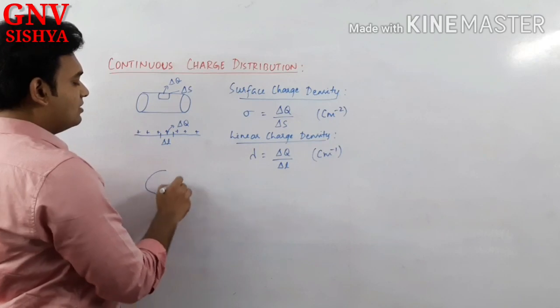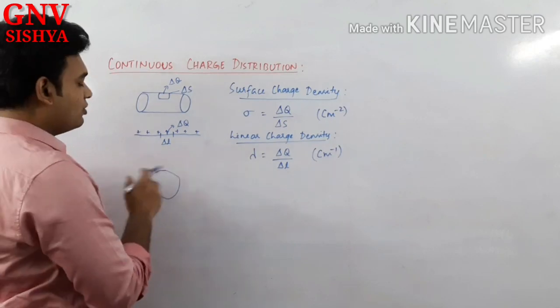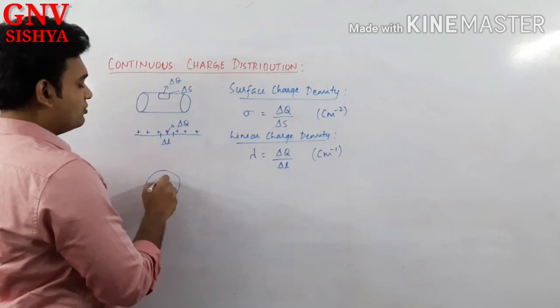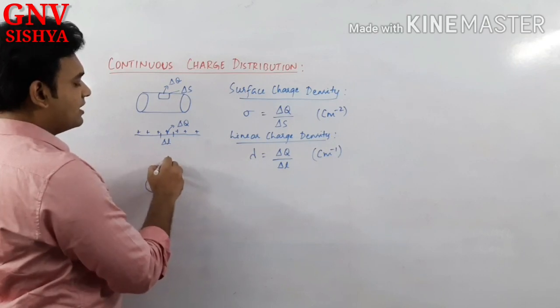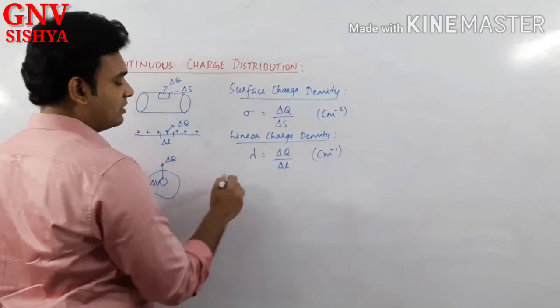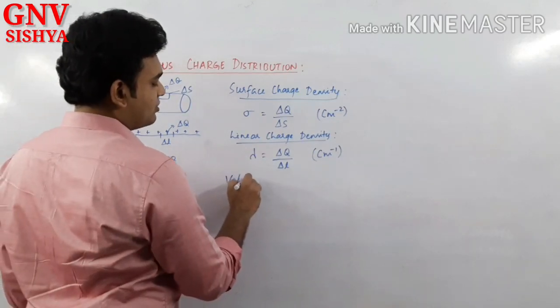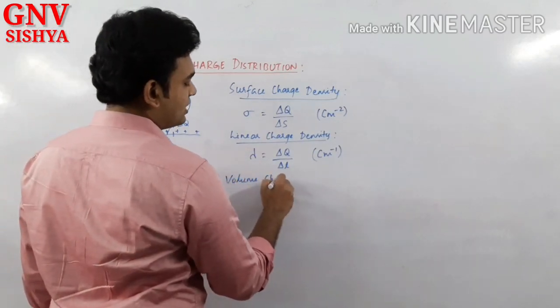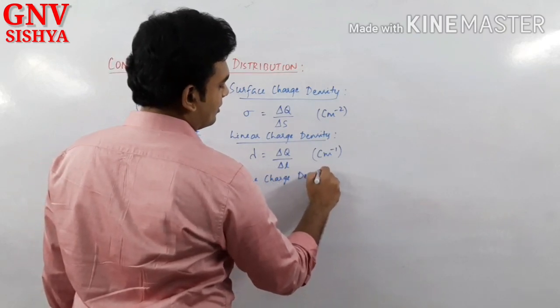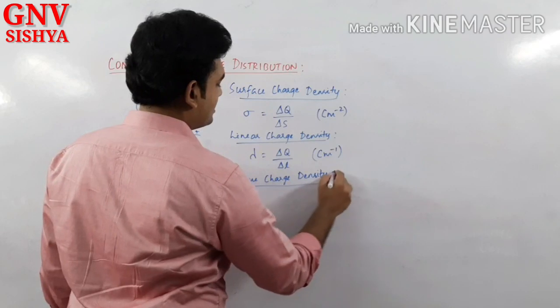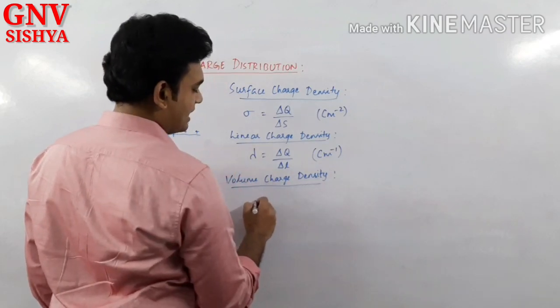Now if there is a three-dimensional object which has volume, for a small volume in that object of del V, if del Q amount of charge is present there, we can introduce a term called volume charge density. Volume charge density we represent as rho.